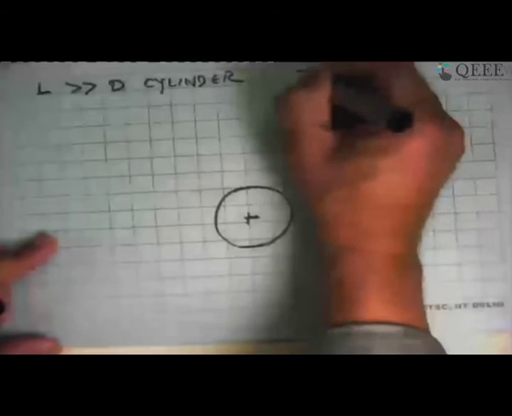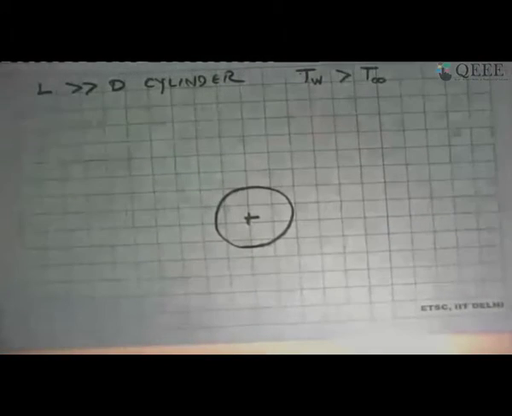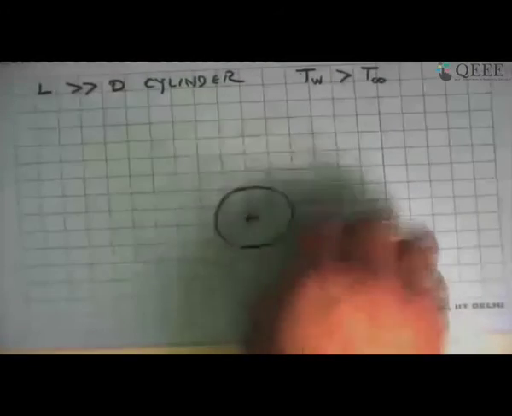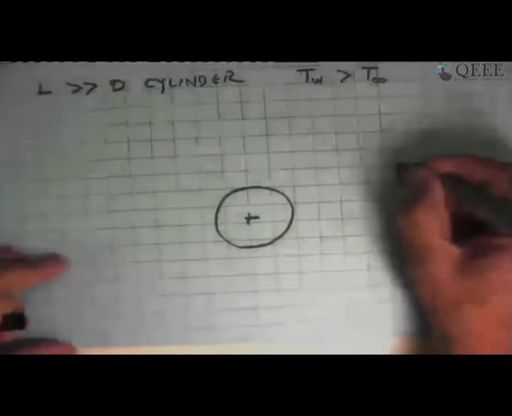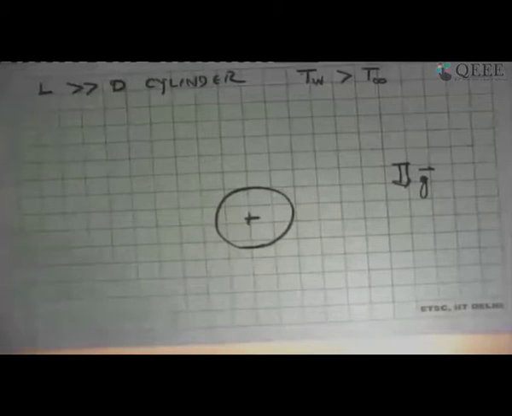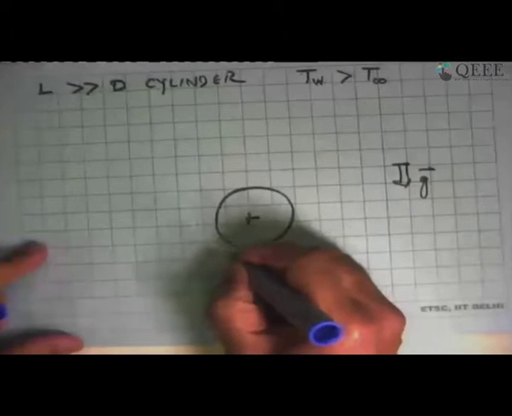And let's take the case TW is very much greater than T infinity. So what is going to happen is that the fluid around this is going to get hot and you have gravity acting there, it will establish a flow so that fluid comes here like this and then it will rise.